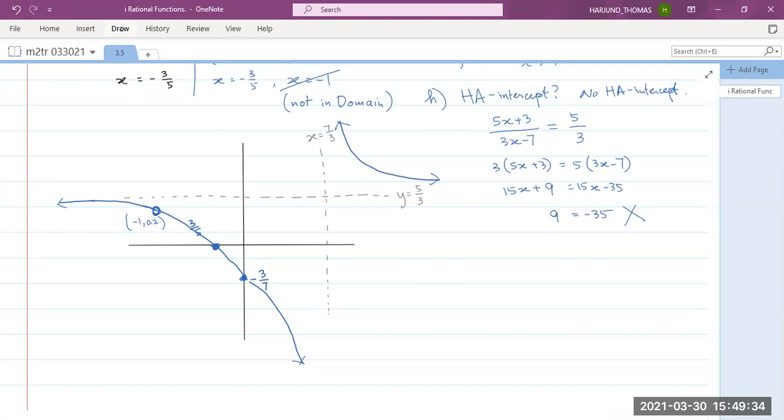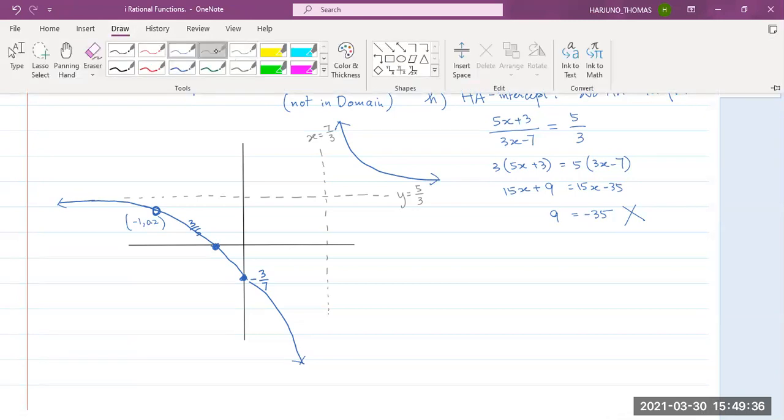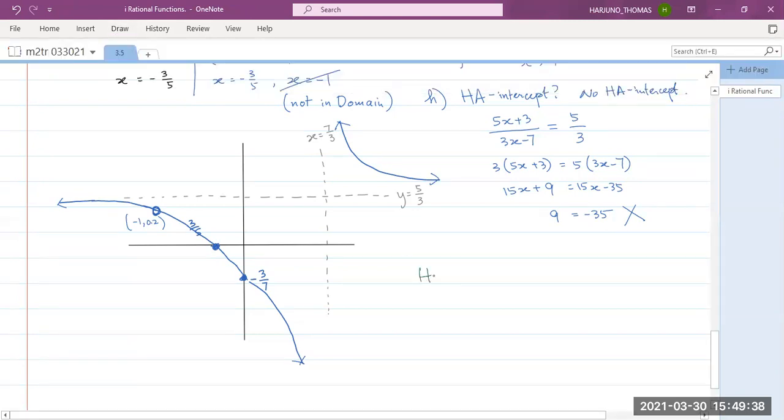Now, even more details. How do we know when the graph is above or below the x-axis? We did this before.